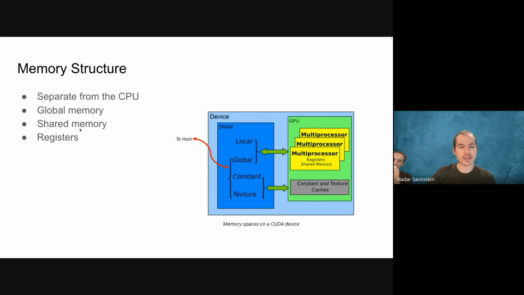Then there's the shared memory that is specific to the streaming multiprocessor. And there's also the register space, the register memory that is also on the multiprocessor. The register space is the fastest memory, then the shared memory, and the global is the slowest memory. So that's the main types of memory that we have.